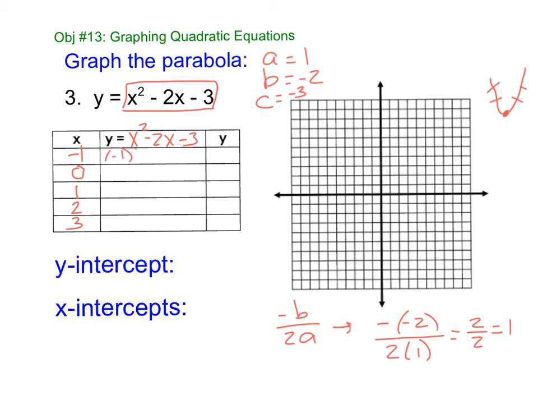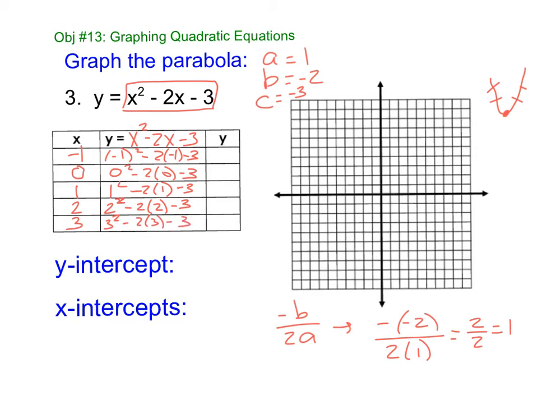So we get negative 1 squared minus 2 times negative 1 minus 3, 0 squared minus 2 times 0 minus 3, 1 squared minus 2 times 1 minus 3, 2 squared minus 2 times 2 minus 3, and 3 squared minus 2 times 3 minus 3.